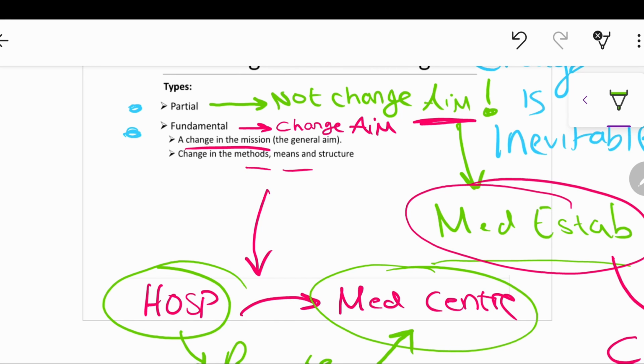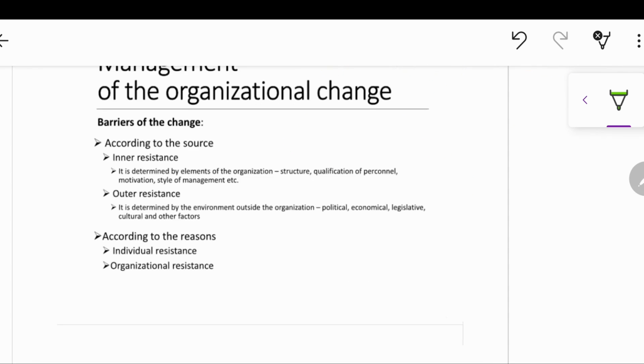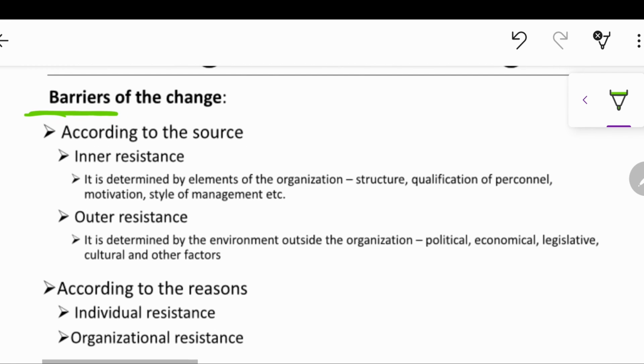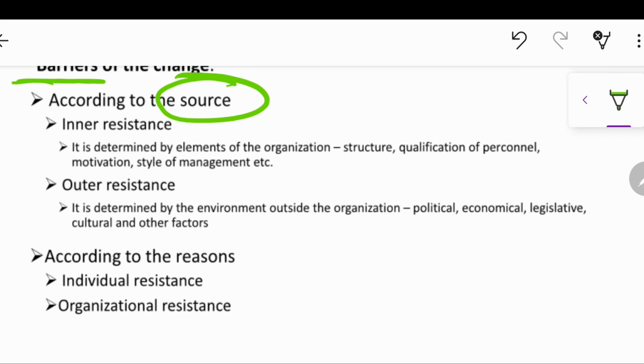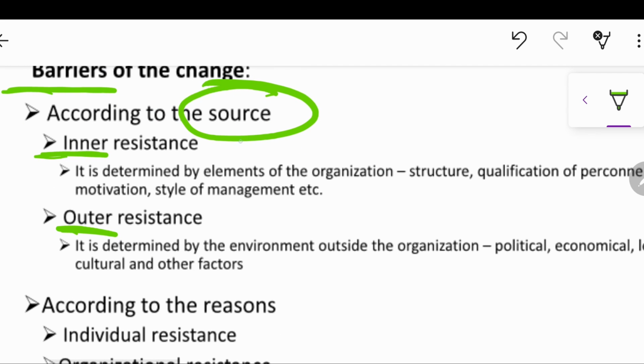Now, with change comes resistance. Resistance to the change. Resistance can come from the source, and the source can be inner or outer, within the organization, outside the organization. Now, within the organization, maybe this is from the workers.